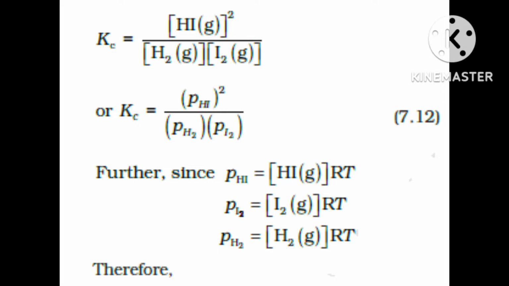Reactants are 1 mole and 1 mole, total 1 plus 1, and the product is 2 mole. Hydrogen and iodine each 1 mole give 2 mole of hydrogen iodide. This is a balanced equation. Keep this reaction in mind.